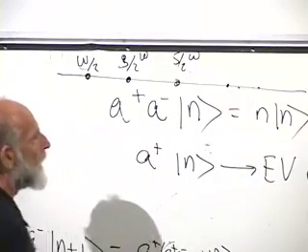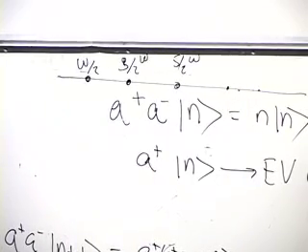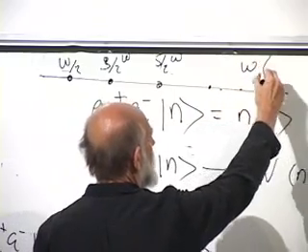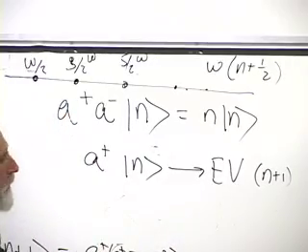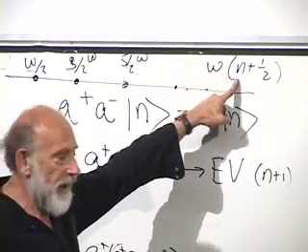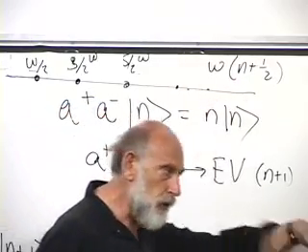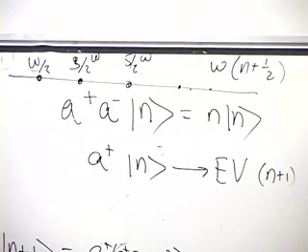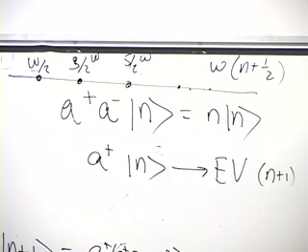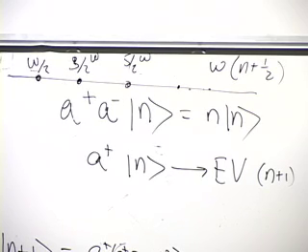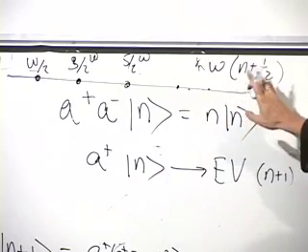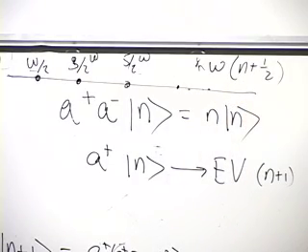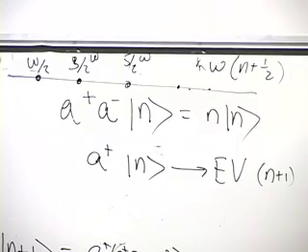The spectrum of energies is omega times n plus 1/2. Relative to the ground state, it's just omega n. So if we threw away the ground state energy and say that's always there, then these raising operators simply add an integer multiple of omega, and strictly speaking, it's h bar omega energy each time it acts.